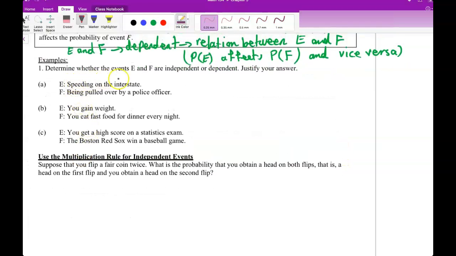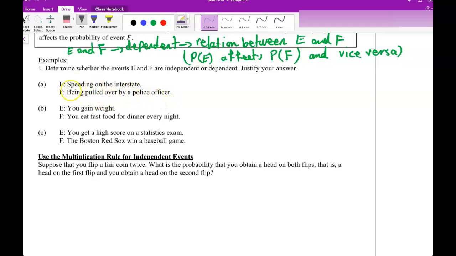Okay, now example, determine whether the events E and F are independent or dependent. Part A, we have these two events E and F. The first one, speeding on the interstate, and F is being pulled over by a police officer.